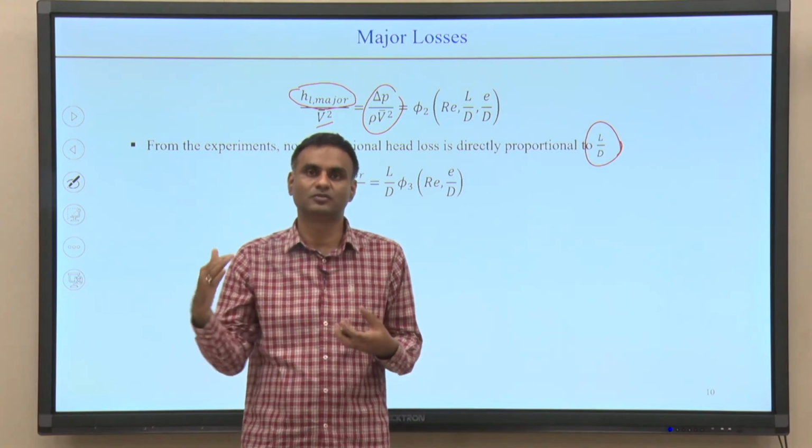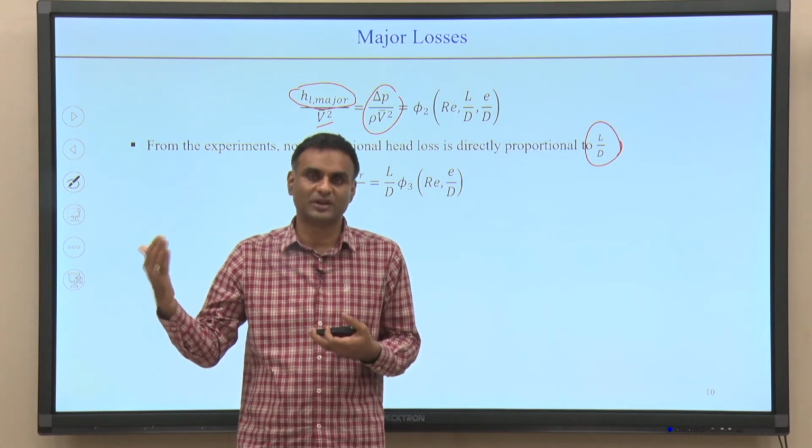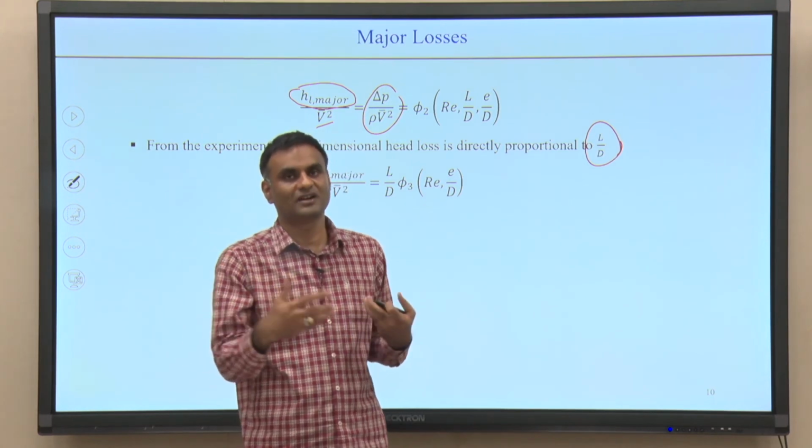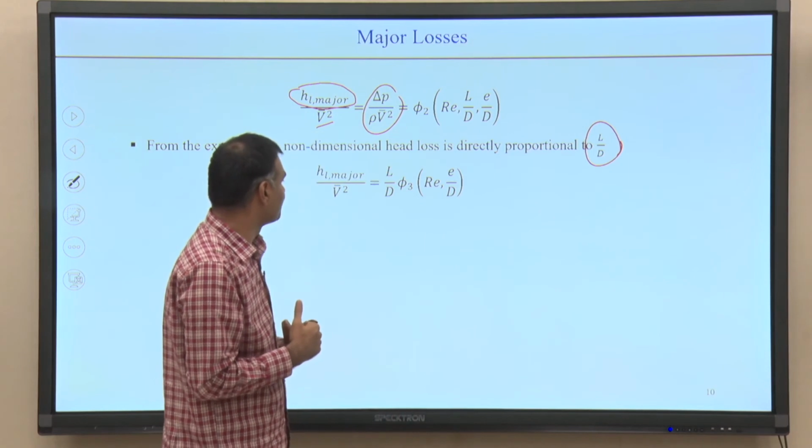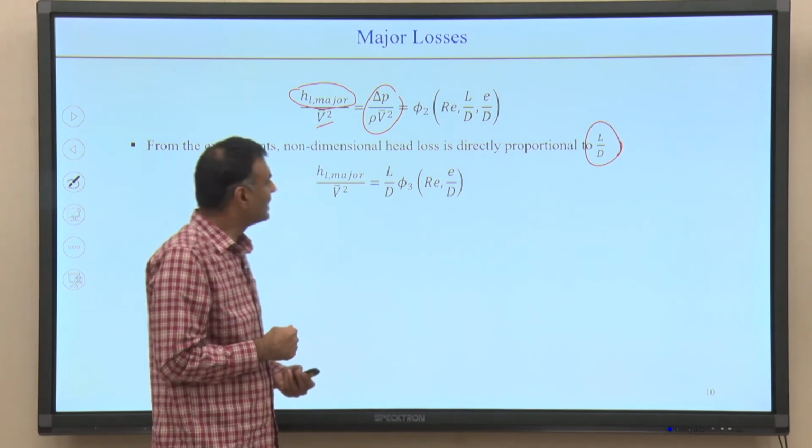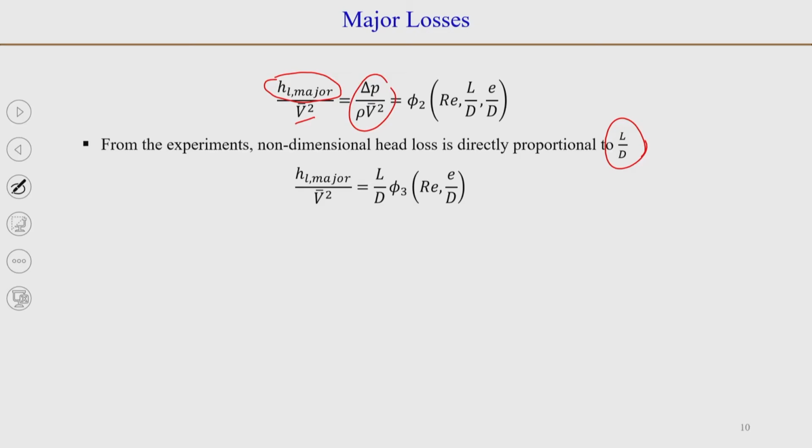So, now we need to go to the experimental data and see what relationship there could be. The experimental data has shown that L by D is directly proportional to head loss. So, we can write the functional dependence in this form.